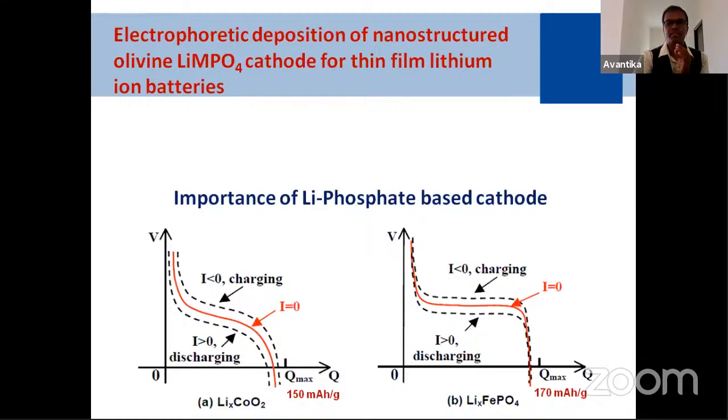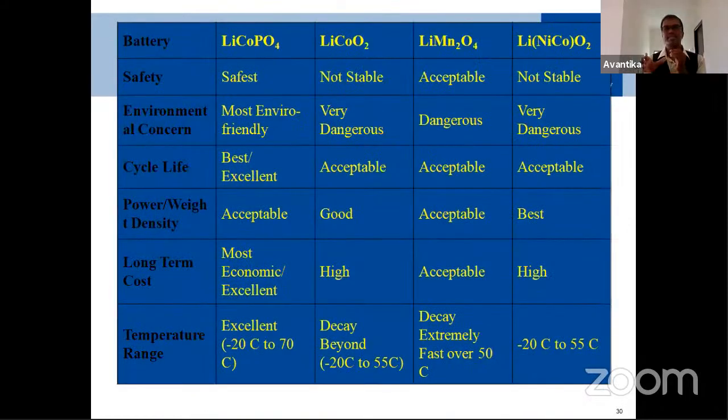Now you can see the comparison table of phosphate-based material and oxide-based material. I will tell you a few points. Phosphate-based material is always on the safe side compared to oxide-based material. I will tell you one example also, so then you can easily understand.